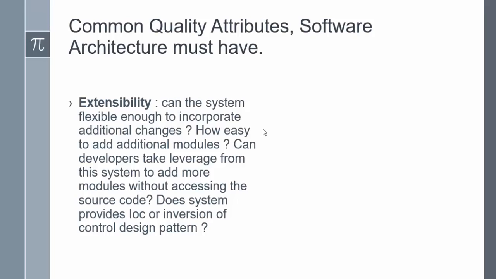Extensibility is the most interesting feature, if some of you have looked at my previous course, MEF, the Managed Extensibility Framework. MEF is basically a framework of extensibility. If you want to design a software product that is extensible, that provides the feature of extensibility, then dependency injection or inversion of control design patterns are the most important to consider.